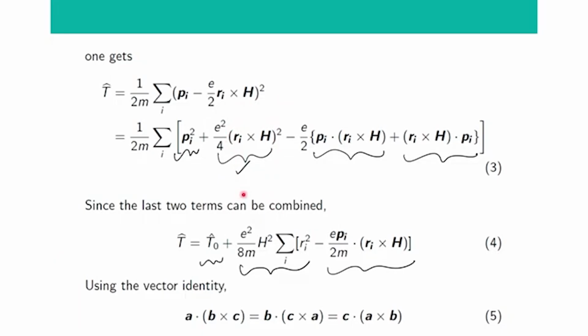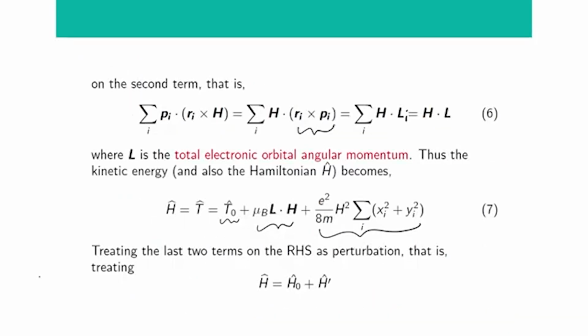Now, the whole idea is that you will use a perturbation theory with this as the perturbation term, and in order to do that we have to necessarily use a second order perturbation theory, because we have a term which is quadratic in H, H squared, and there is a term which is linear in H. So, if you have to treat both these terms together, then there is no other way but to go into the second order, and we will do exactly that, and write this term so there is an H0 here, and then there is H prime.